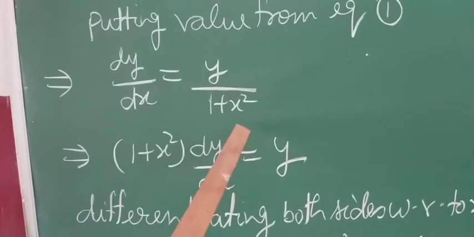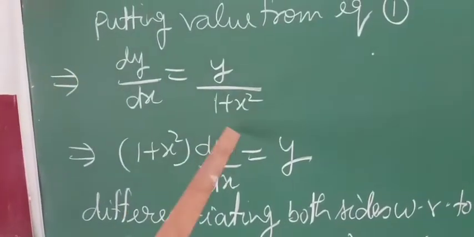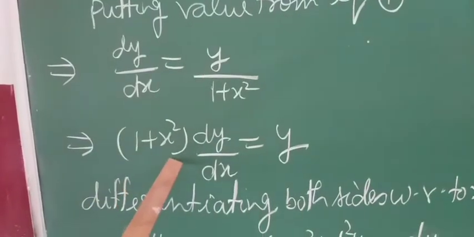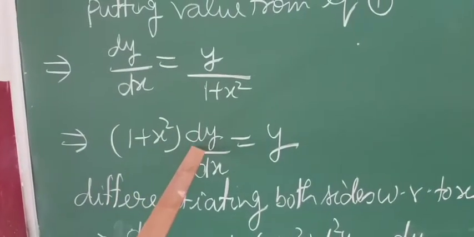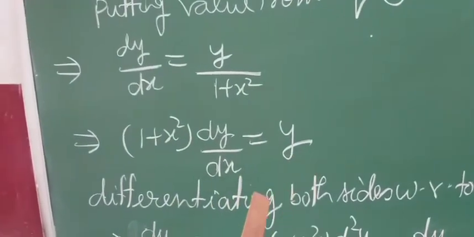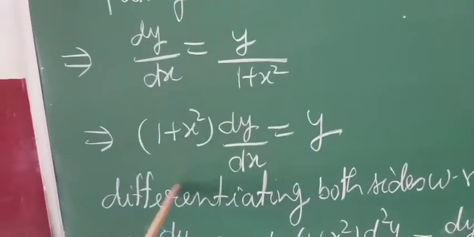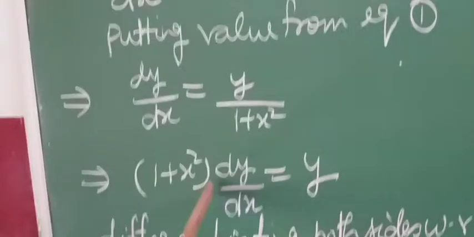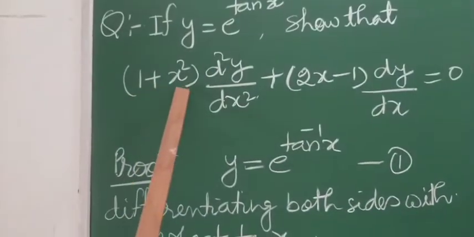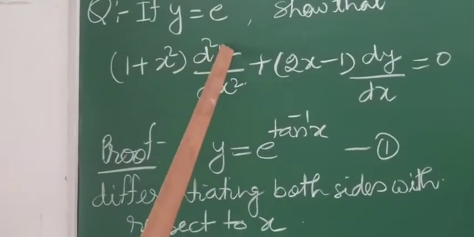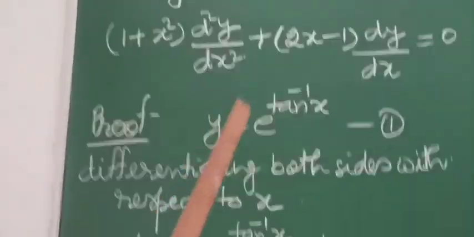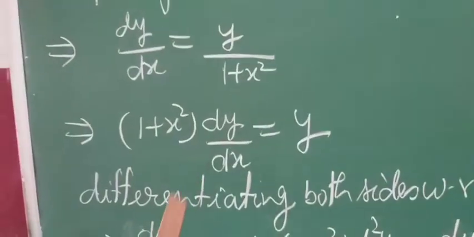So if we do cross multiplication, then we get (1 plus x square) into dy by dx equals y. And students, we have to think, if we differentiate it now, then we can get this part, (1 plus x square) d square y upon dx square. So students, you have to think.